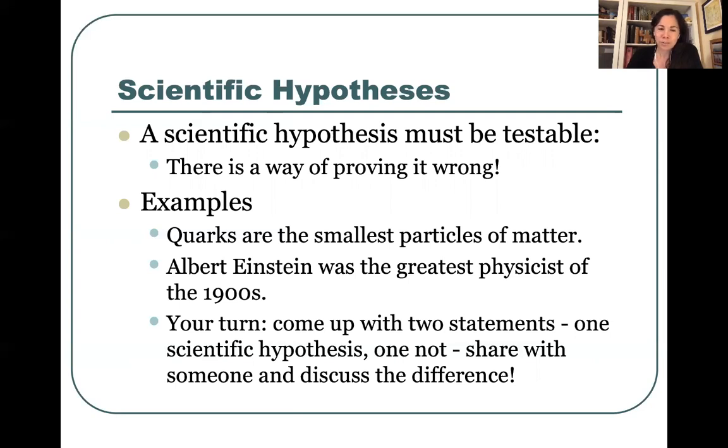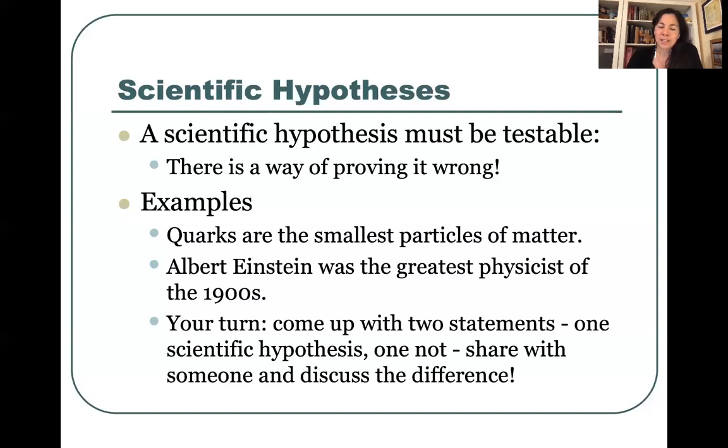Anyways, the second one is Albert Einstein was the greatest physicist of the 1900s. All right. So think about which one is testable and which one is not, because there's one of each. If you don't want to hear the answer, you can pause and think about it for yourself.